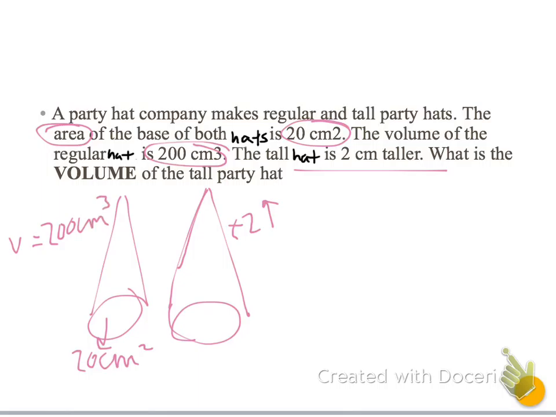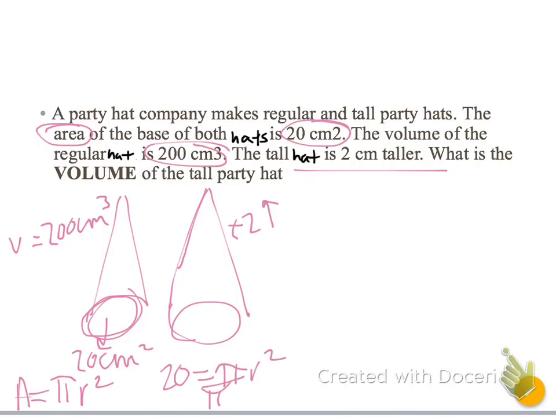Well, if I look at the cone equation for volume, I need a radius and a height. I can't find either of those. But if I look at the area equation, this is a circle, so let's look at the equation for the area of a circle, so that I can find the radius. So A equals pi r squared. I gave you the area, so 20 equals pi r squared.